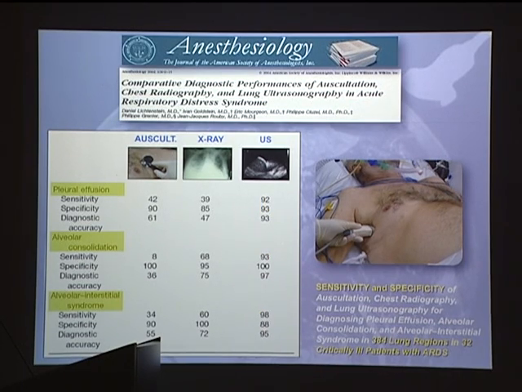And you see that in terms of specificity, a traditional approach with stethoscope and X-ray will be very performant. But in terms of sensitivity, it's very, very poor. What do these numbers mean?